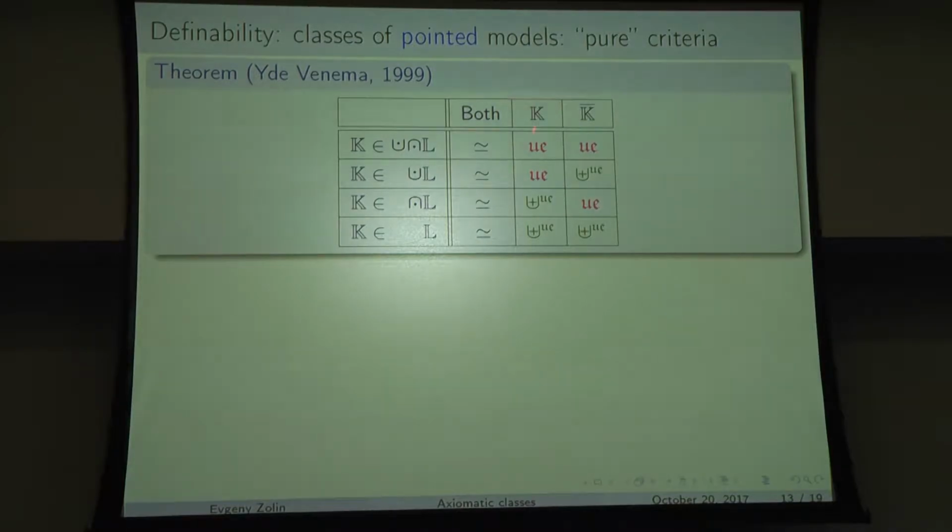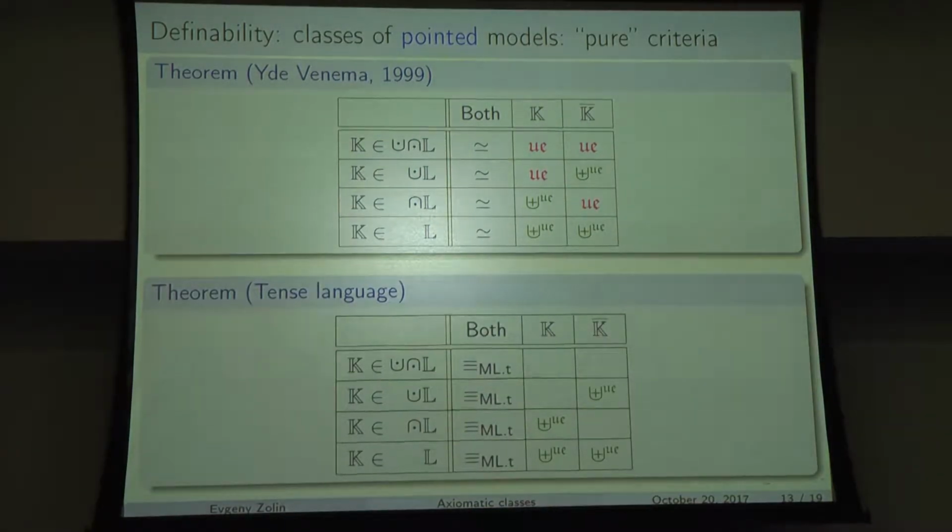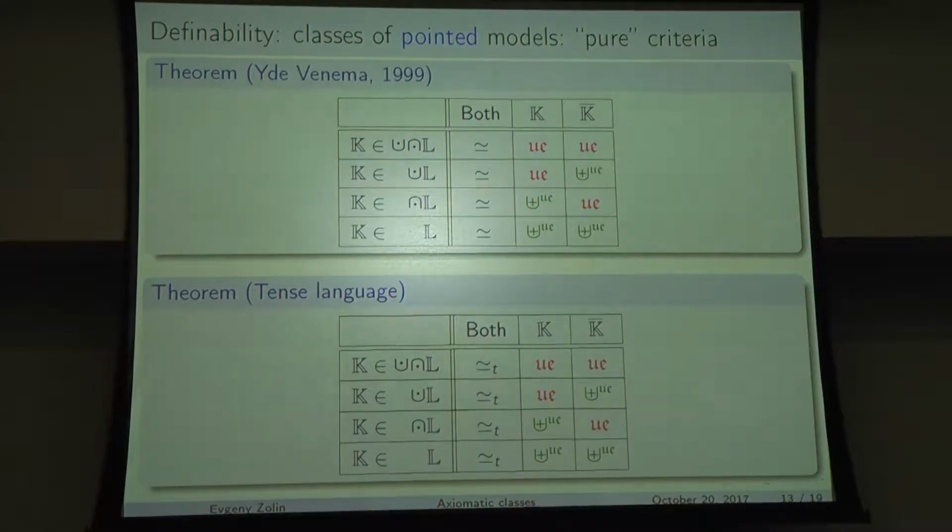So ultra extension this time works like ultrapower in our previous tables. Ultra extension makes the model saturated, and this ultra union makes the classes of pointed models compact. Of course, we can do the same, for instance, for tense language.